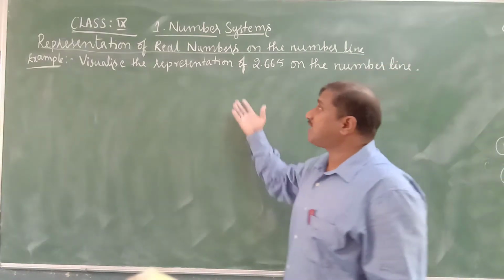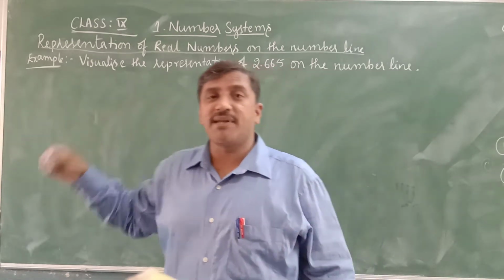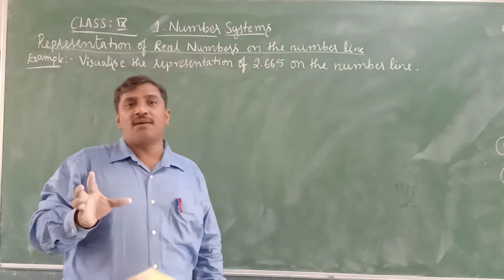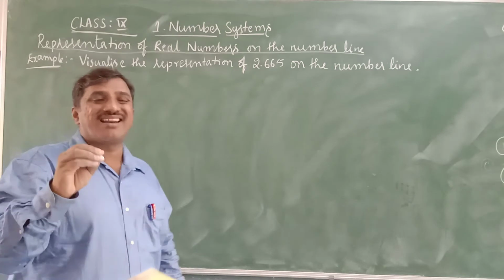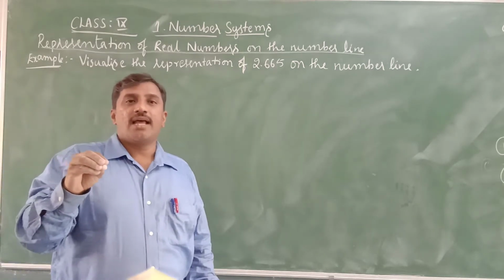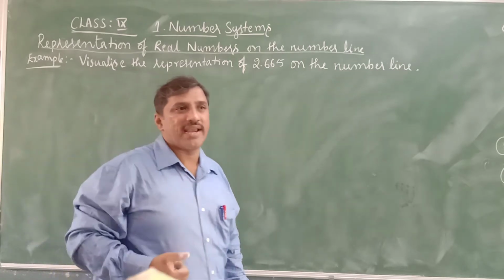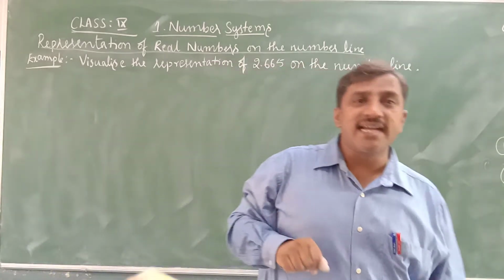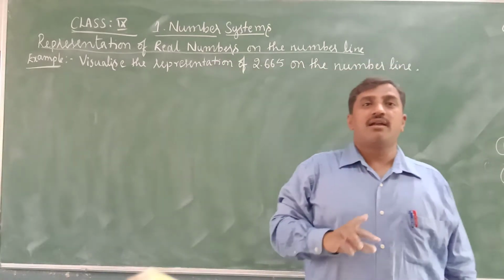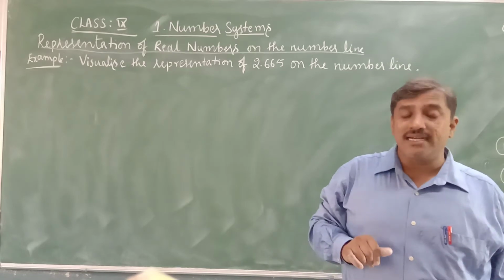In this class we are going to discuss representation of real numbers, especially rational numbers, which are in the decimal form. Again we have two cases: terminating decimals and non-terminating recurring decimals.